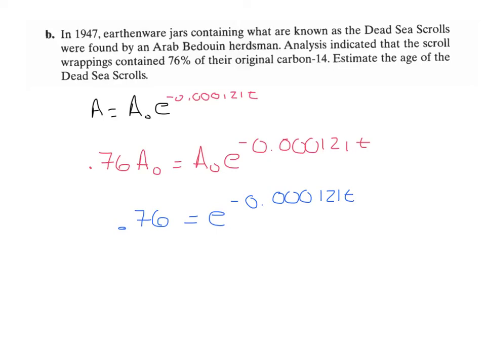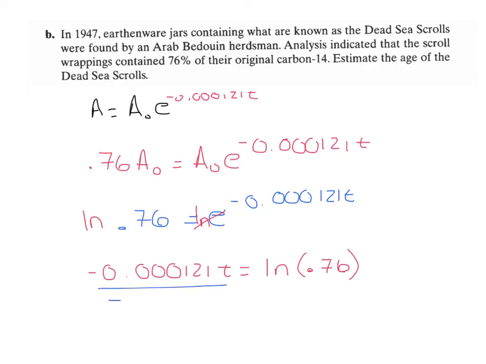So I'm going to go ahead and introduce the inverse of e, which is ln. And now I end up with my exponent equals ln 76%. Make sure you put in decimal form. Now if I divide by this, I can determine the time.